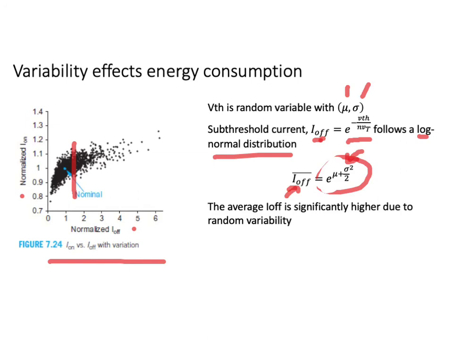So if you have a process that has a large variance in V_TH, the mean subthreshold current goes up significantly, in fact by an exponential power. Okay, so this equation gives you a very handy estimate of the average subthreshold leakage current, and this is influenced by the threshold voltage variability.